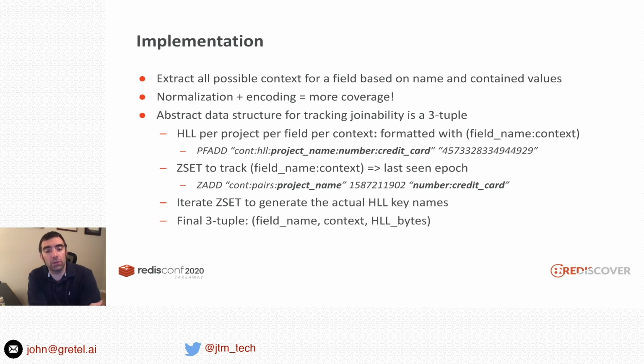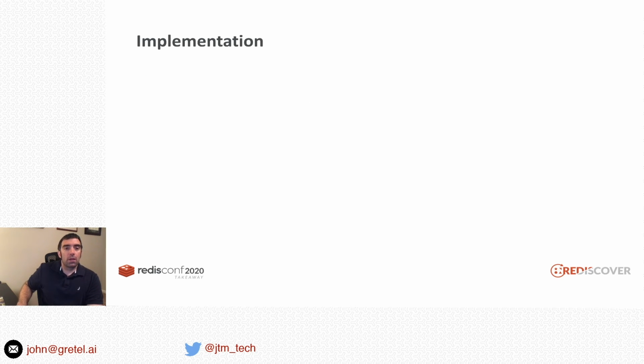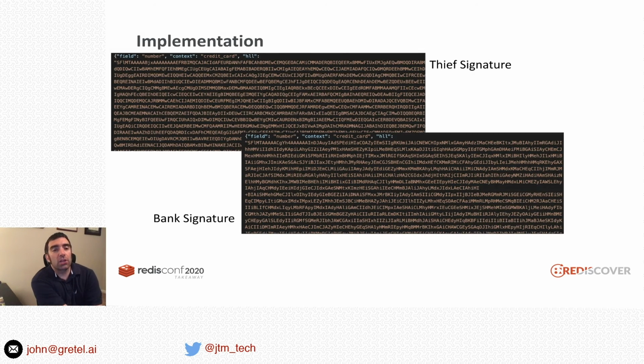So our ideal final 3-tuple here is that we get a field name, some type of context, and then the actual HyperLogLog bytes. So when we move into what we can do with this, we can actually generate a serialized signature. In this case, I've generated 2 signatures, and when you run the sample code on GitHub, it does this for you.